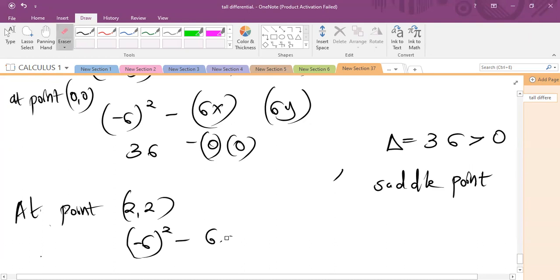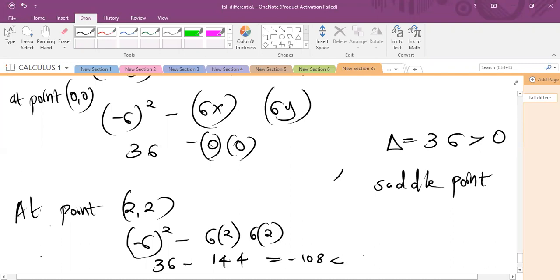The value of x is 2, so 6 times 2 is 12, and the value of y is also 2, so again 12. So minus 6 squared is 36, minus 12 times 12, which gives 144. So clearly, getting 144, this is going to give us minus 108, which is obviously less than 0.